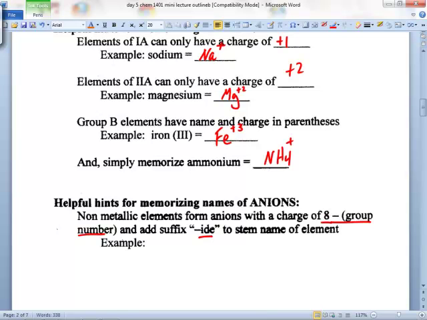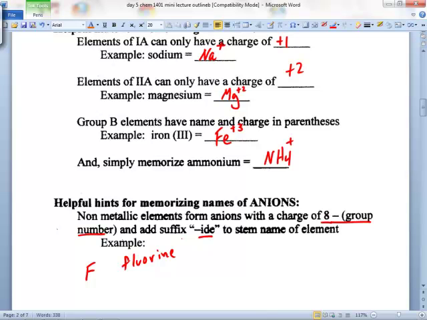For example, if you have F, what do you call that? Here's a good one. How do you spell fluorine? F-L-U. I always remember fluorine has a U in there. And then fluor. I don't have a charge on it, so just fluorine.